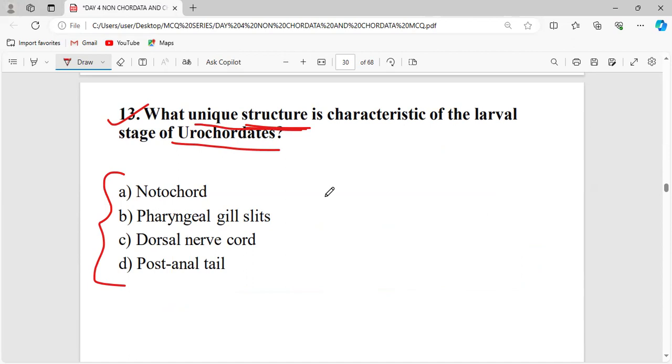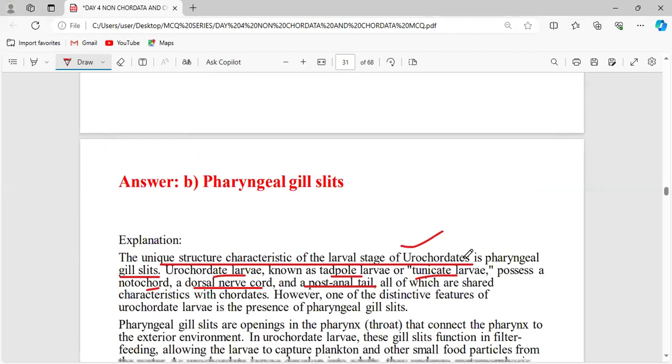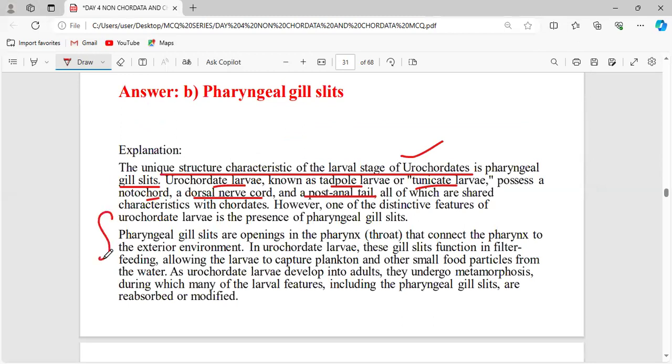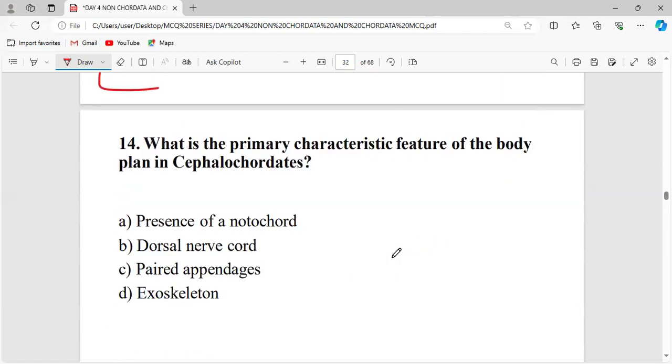But the notochord in urochordates has been replaced; it does not persist throughout the life cycle. It has been replaced by the vertebral column in some phyla, while in some phyla the notochord persists. Based on that, this will be the unique characteristic feature only with respect to the larval stage of urochordates. You have to compare all other characteristic features of urochordates, cephalochordates, and hemichordates, and by comparing all these things, come to a conclusion for this question. Based on the structure, the answer is pharyngeal gill slits.